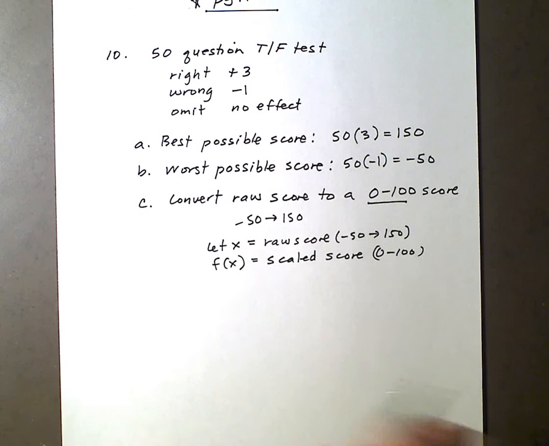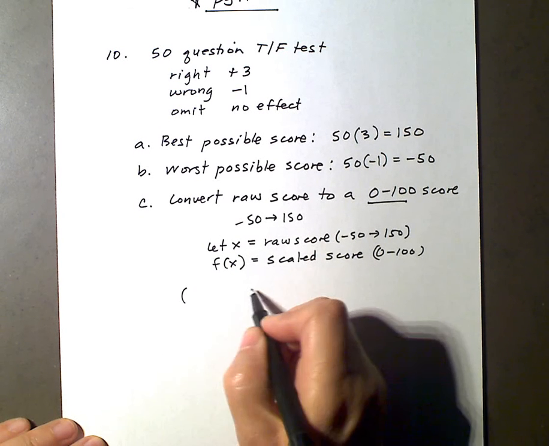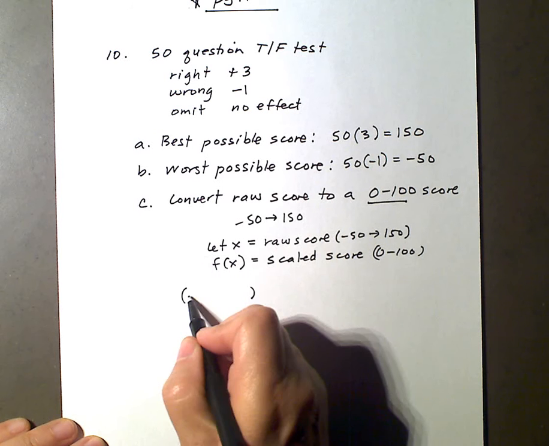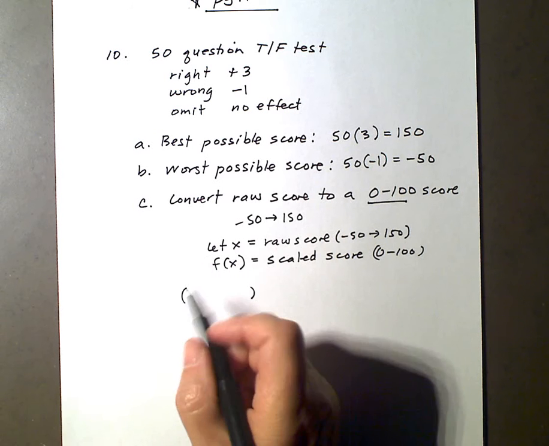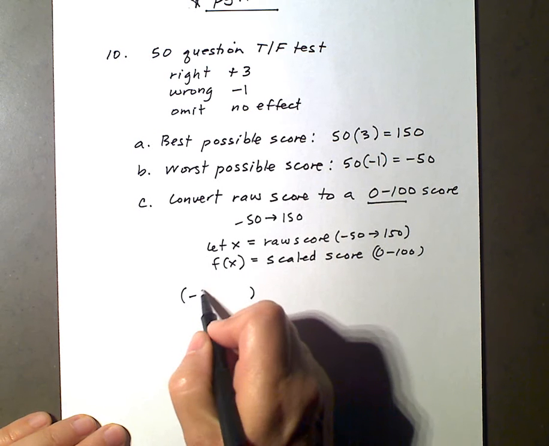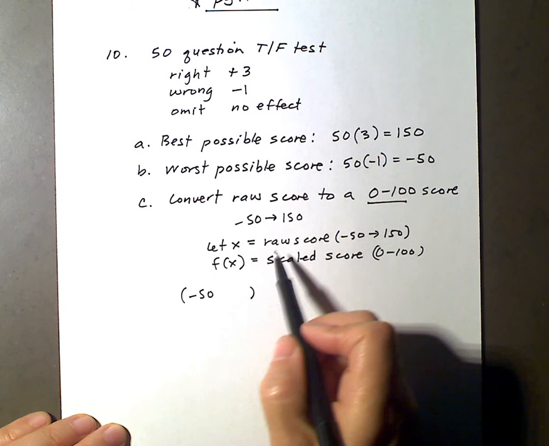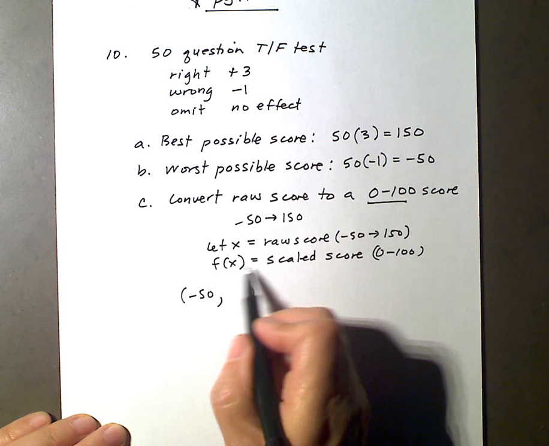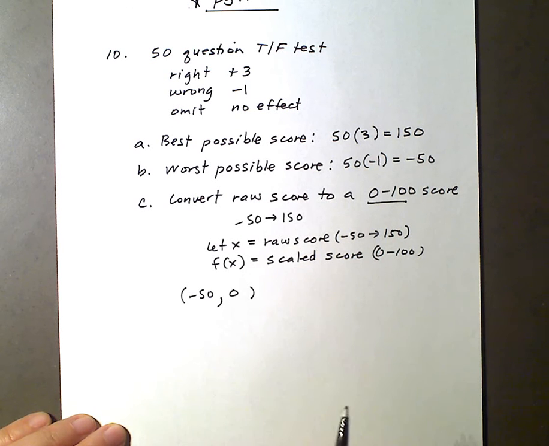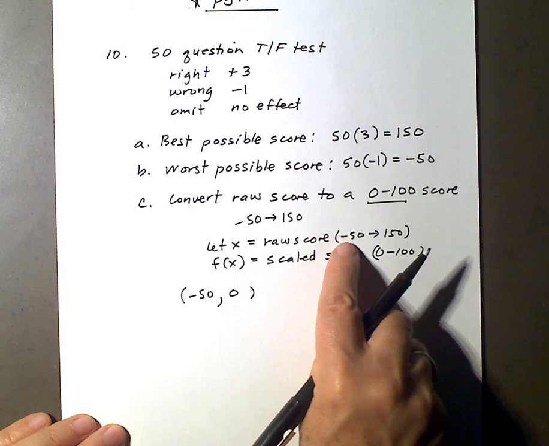So I'm going to look at ordered pairs here. My score of -50, if this is x, the raw score, converts to a y value, a scaled score, of 0. So a -50 is the same as a 0.